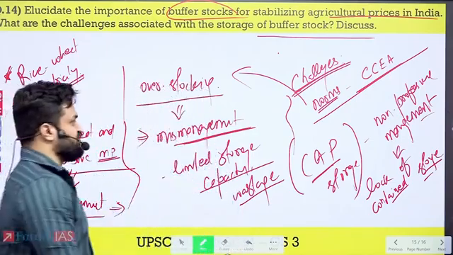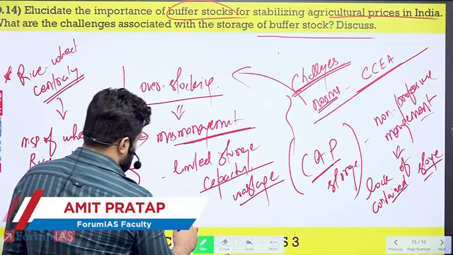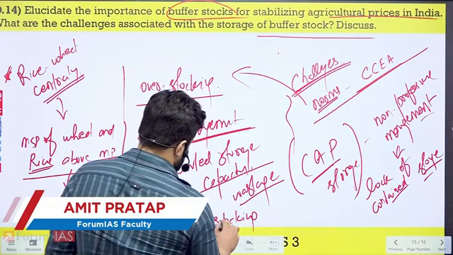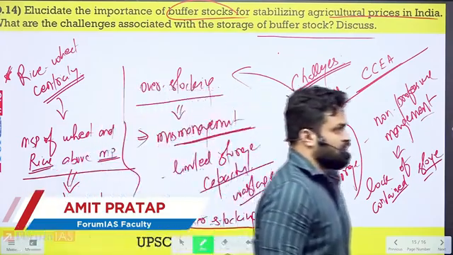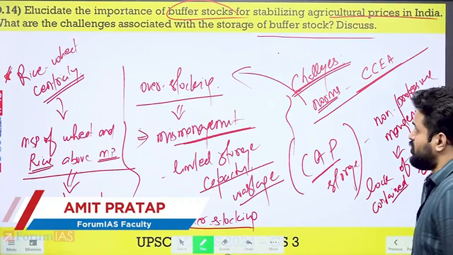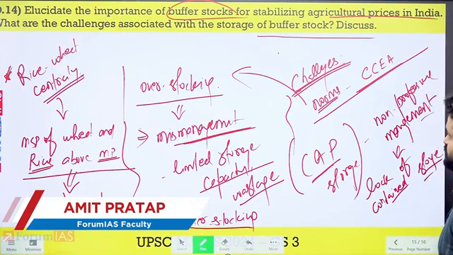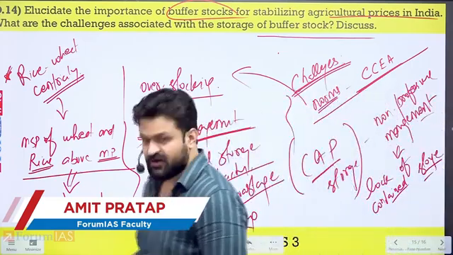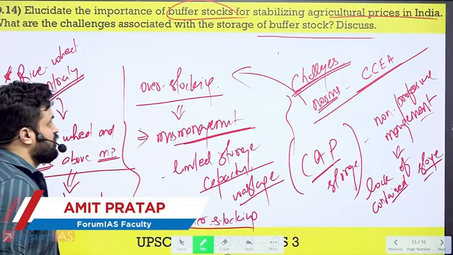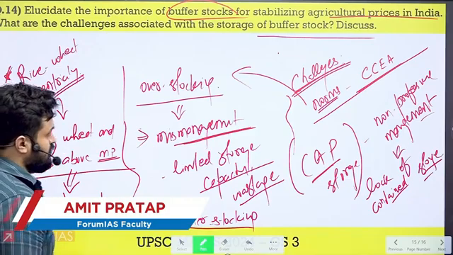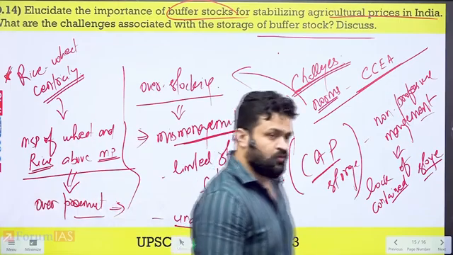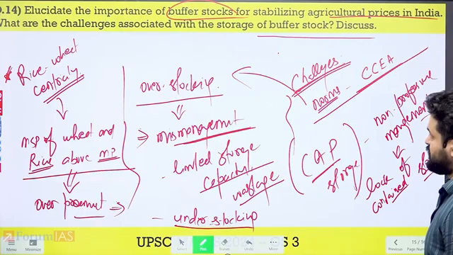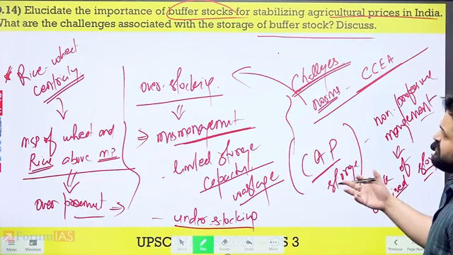Okay, there have also been instances of understocking. Okay, along with mismanagement, there has also been corruption. Many times you would see the nodal agency being overburdened with this task of maintaining the buffer stocks. So these are the challenges because of many other problems.